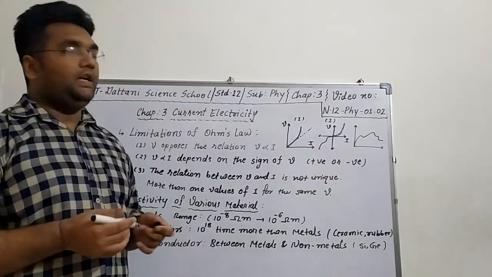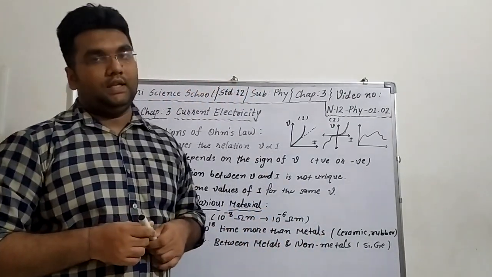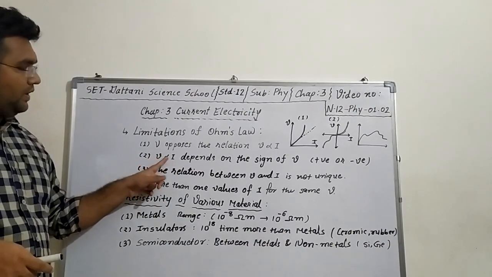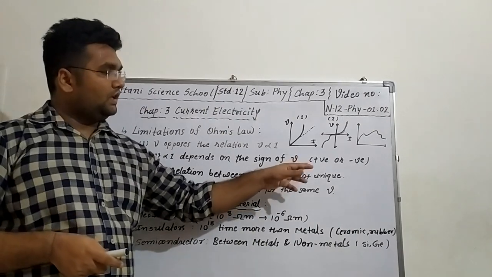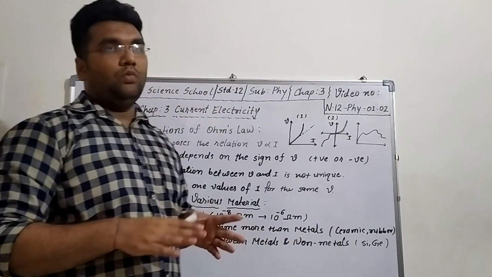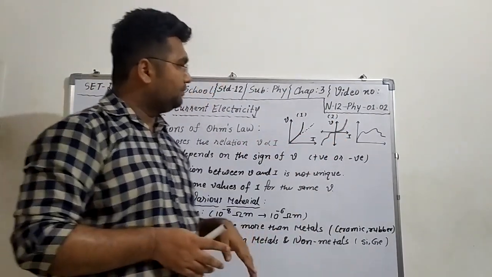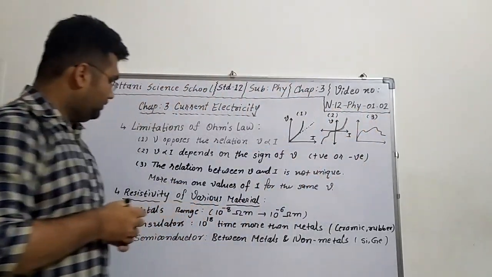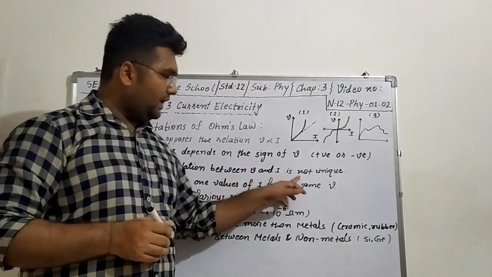So there are many types of graphs which depend on the sign of V. This is our second limitation: the relation between V and I depends on the sign of V. If you take a positive sign or a negative sign, in both situations you will find the graph in different ways.